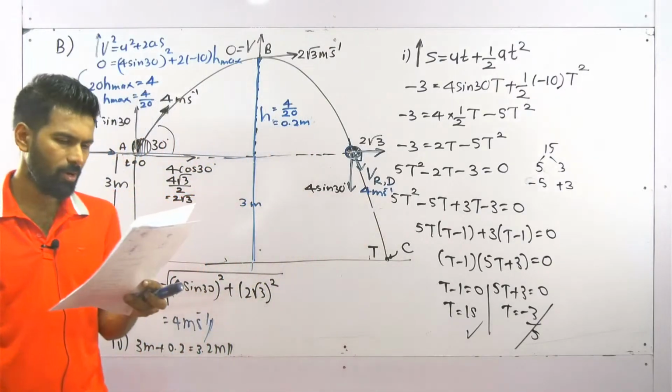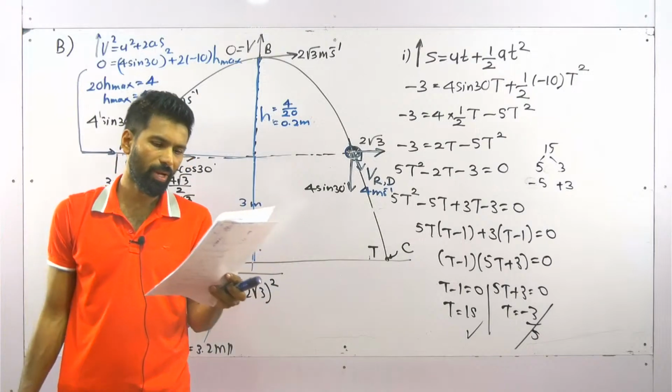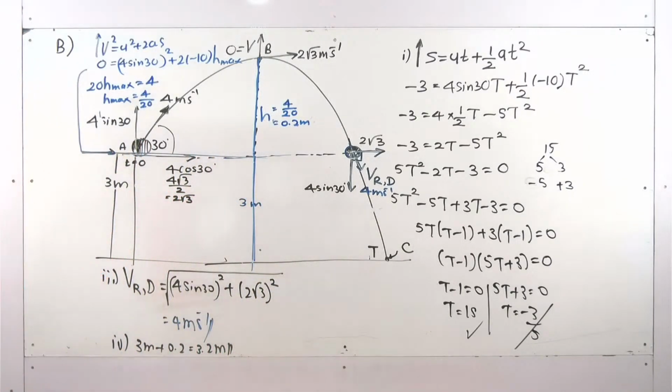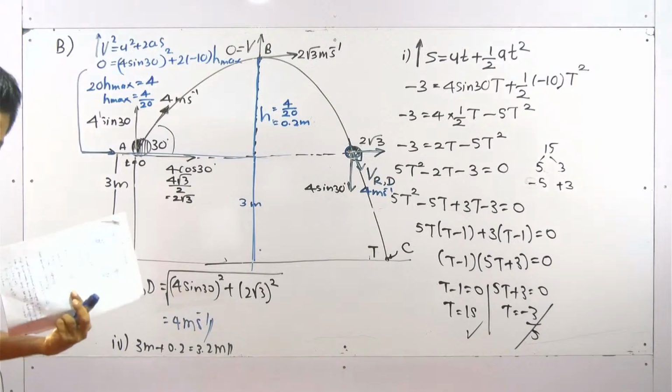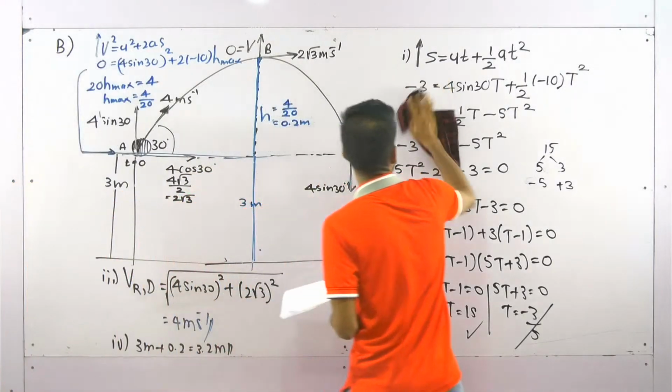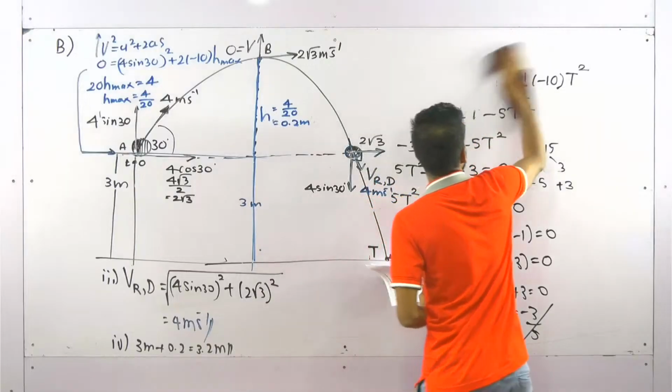Question number 5. What is the velocity of the object when it hits the ground? What is its direction?